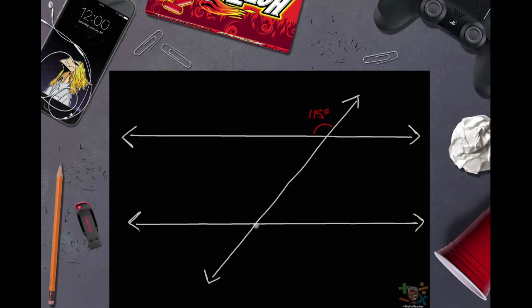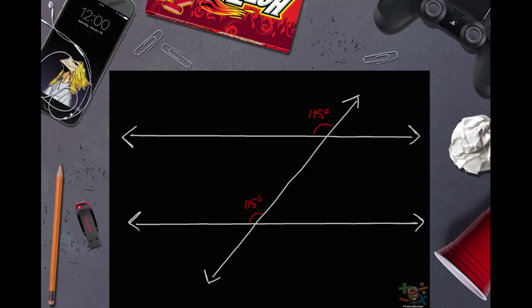I'm going to look at the top left hand portion in this group, which is right here, 115 degrees. That's what corresponding angles are. You look in the same area of the two groups of angles and those will be the same. This is in the top left hand portion, this is in the top left hand portion. They're equal to each other, and that's basically it.